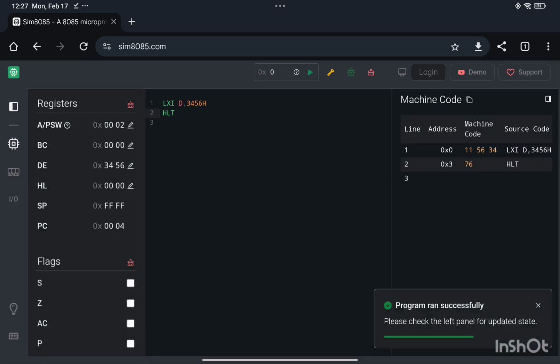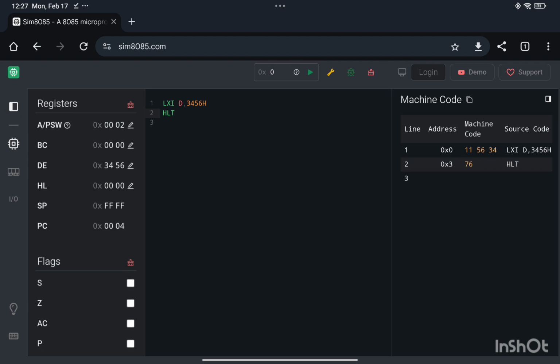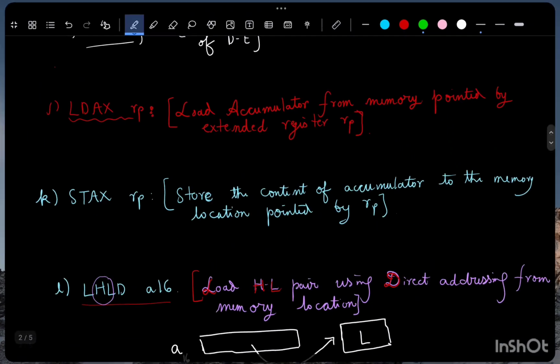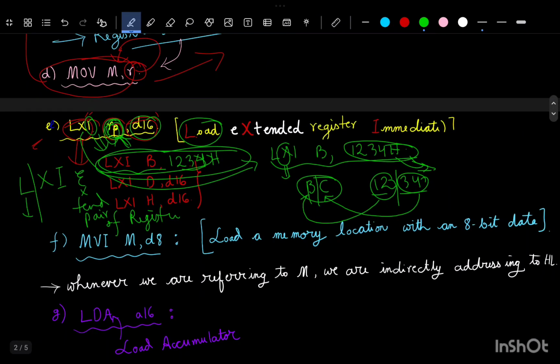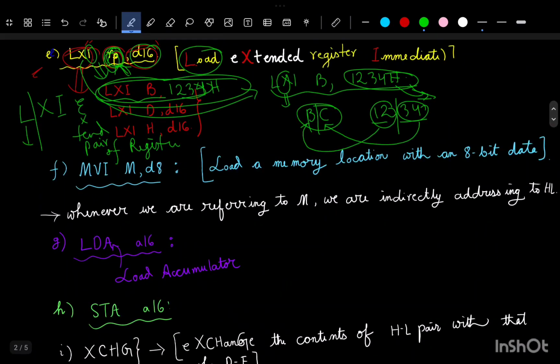Right, this 3, 4 is loaded to D, and this 5, 6 is loaded to E. Okay, and the next instruction is of type MVI M, D8.